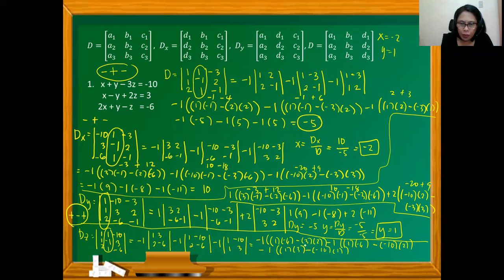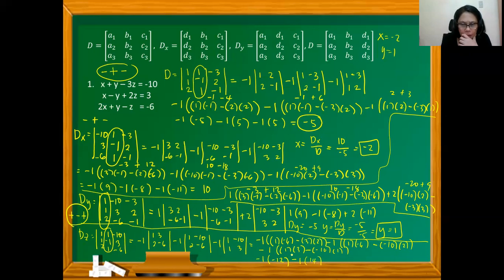So the first term is, so this is -6 minus 6. So this is -1 times -12. And then minus 1. So this is -6 plus 20. So this is 14.